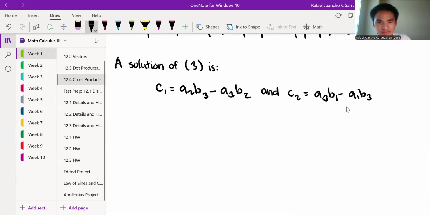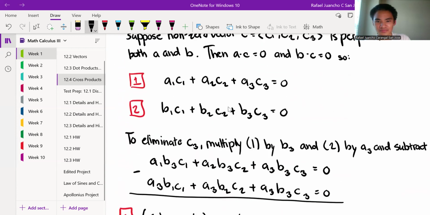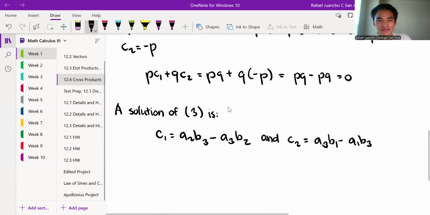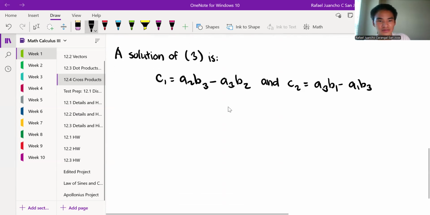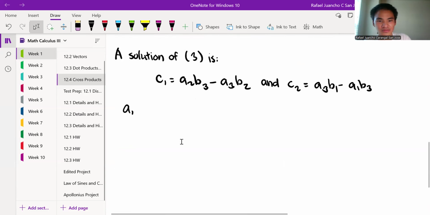And now from here, we can actually substitute these values into equations 1 and 2. So if we substitute C1 and C2 into 1 and 2, let's look at equation 1.